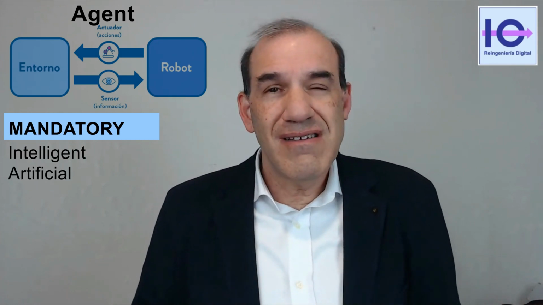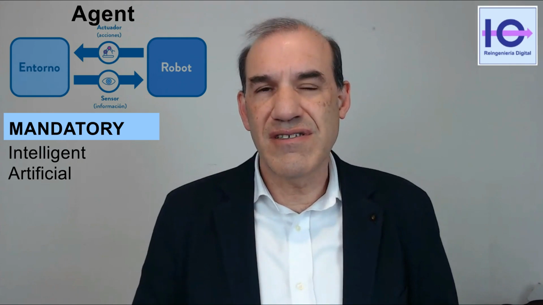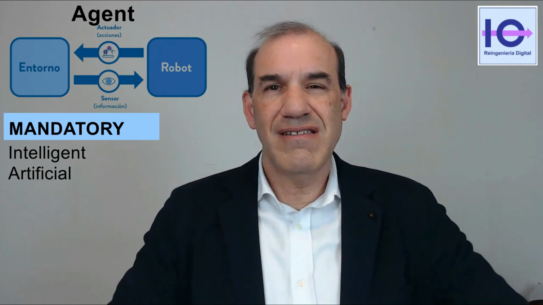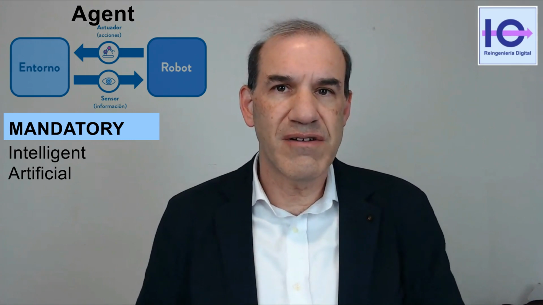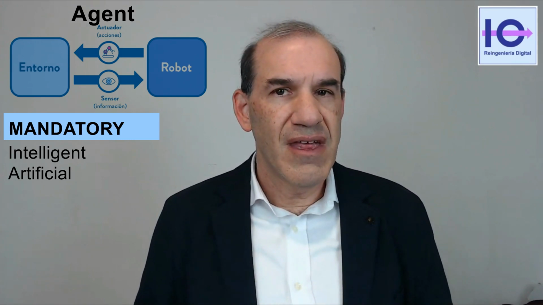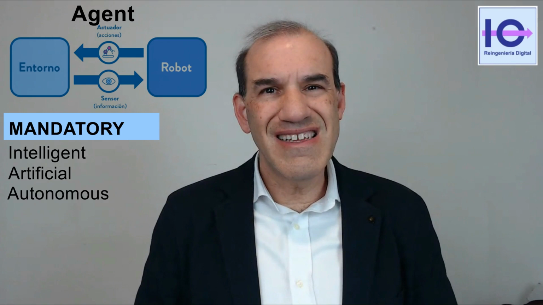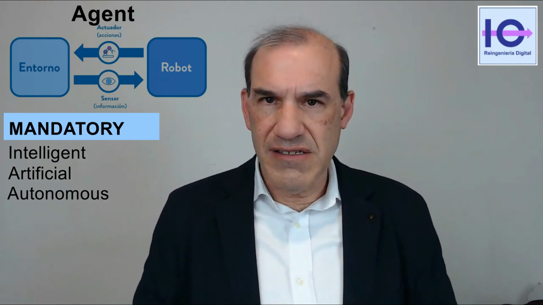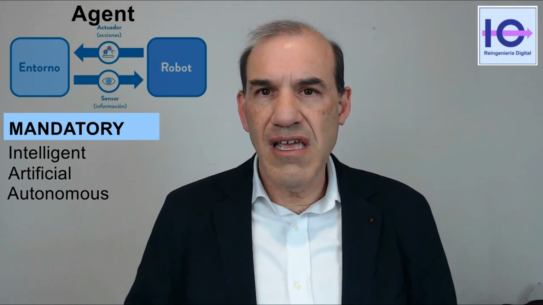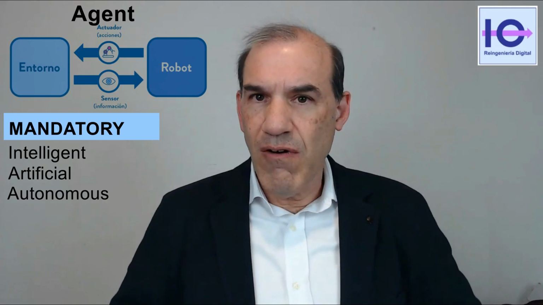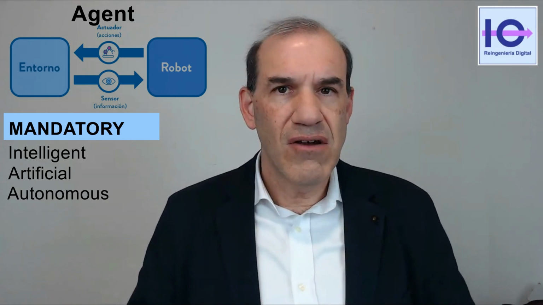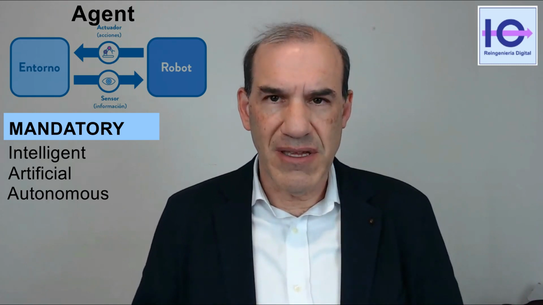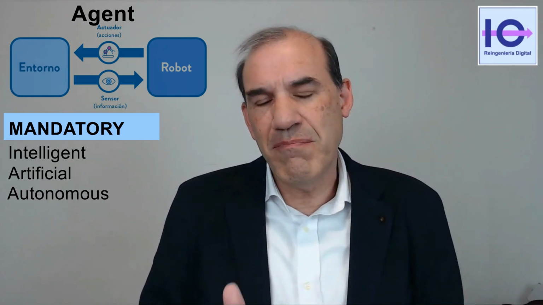The second trait is a simple one. It's artificial. We don't find it in nature, in biology, but it's created by humans or by other machines. The third trait is that it is autonomous. That is, this agent is capable of working by itself without being handled or used by a human being, at least for some periods of time.